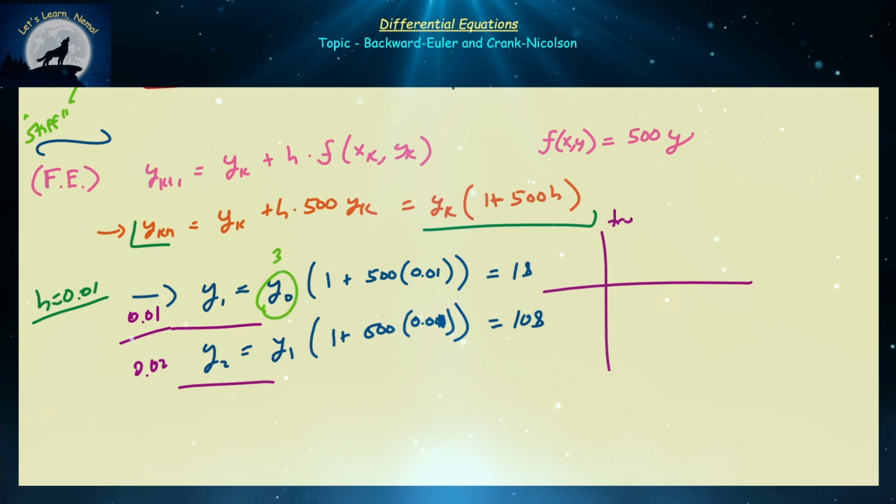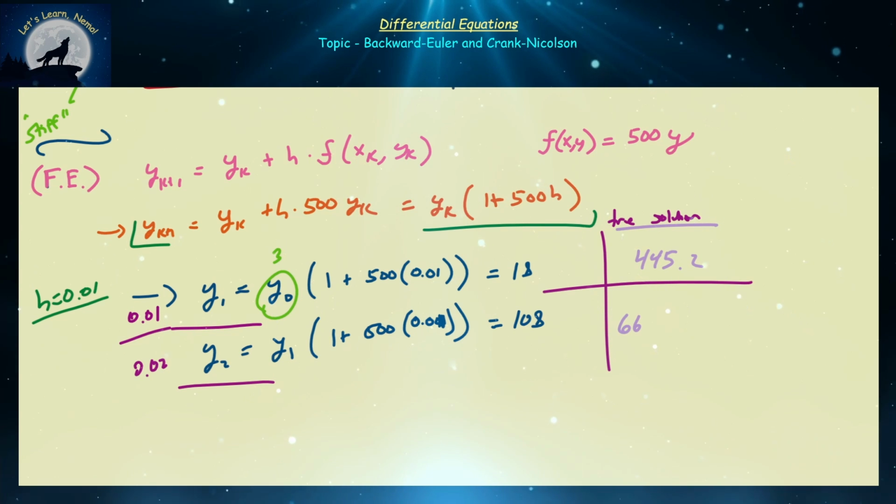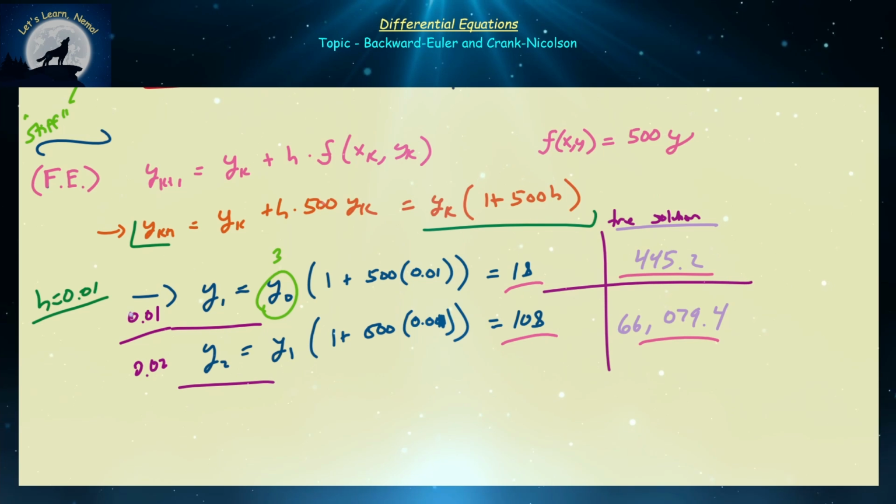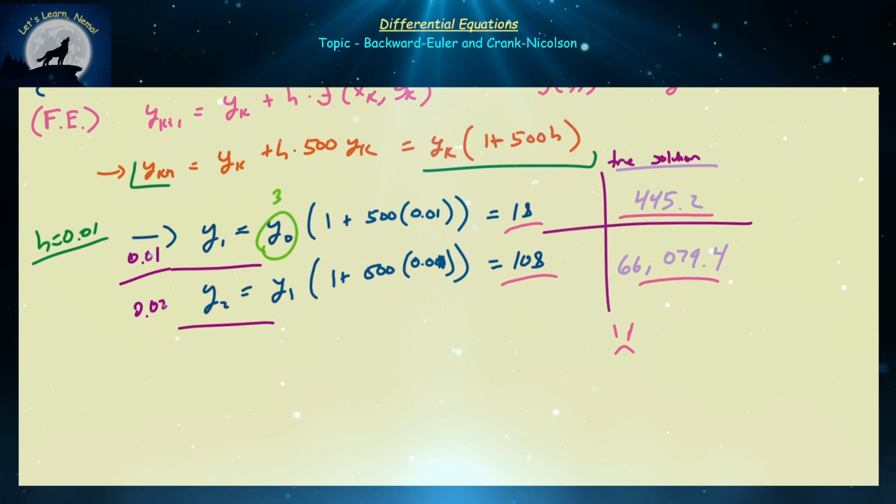So the true solution is going to be equal to what? One can find that this is actually supposed to be 445.2 and 66,079.4 approximately. So what's the difference between those solutions? A lot, right? So that's actually a really bad numerical method.